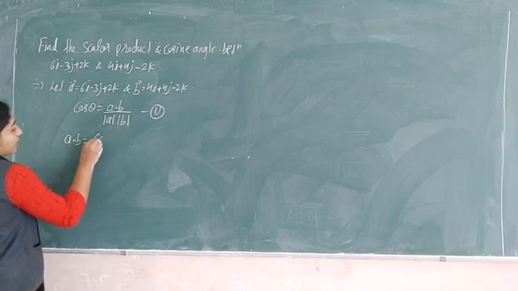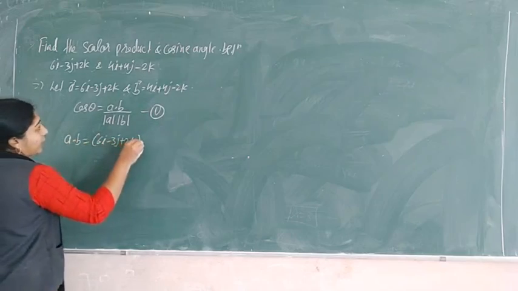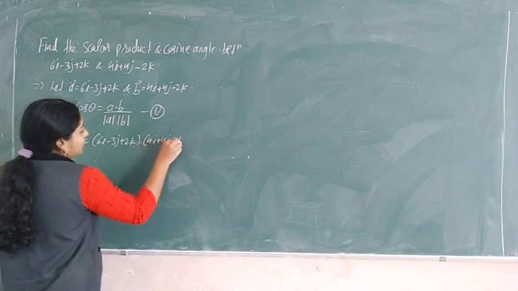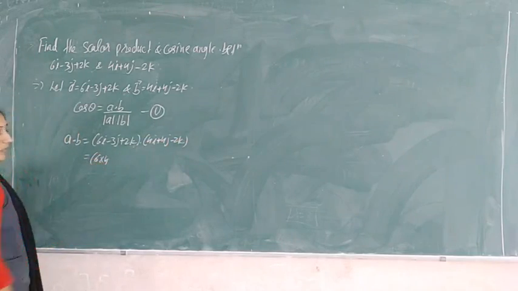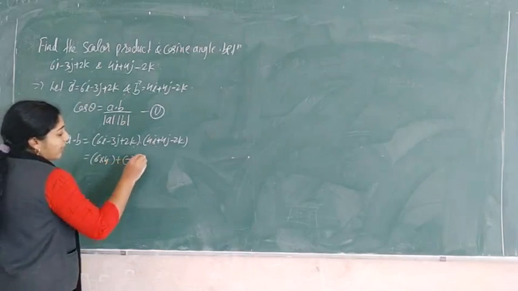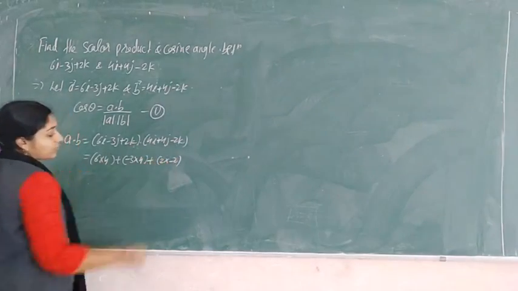So A dot B is given by what? 6i minus 3j plus 2k dot 4i plus 4j minus 2k. This is nothing but 6 into 4, plus minus 3 into 4, plus 2 into minus 2.